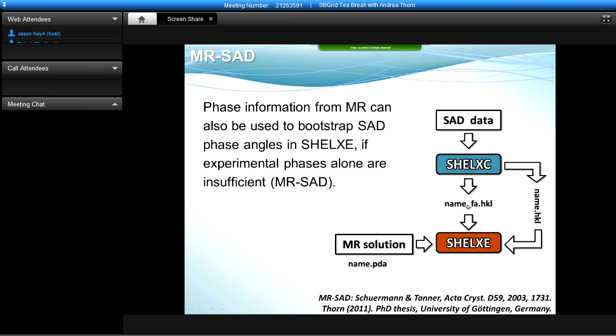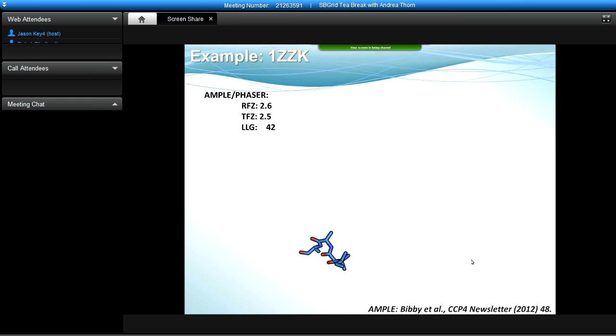However, you skip the SHELXD step, because the MR solution is going to provide initial phases. You drop both into SHELXE together with the native HKL file, and hopefully you can auto trace your structure again. This is very feasible up to 2.5 angstrom resolution because your phase information comes from more than one source.